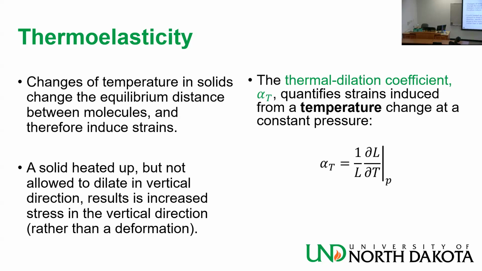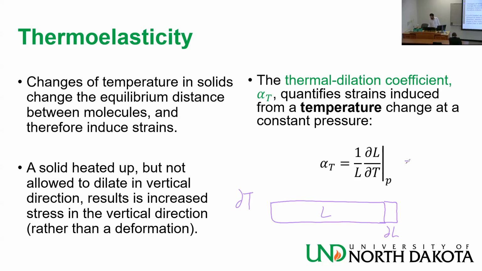So if I have a material of length L, and I heat it up, and it wants to elongate by dL. I heat it up by dT, the change in temperature.